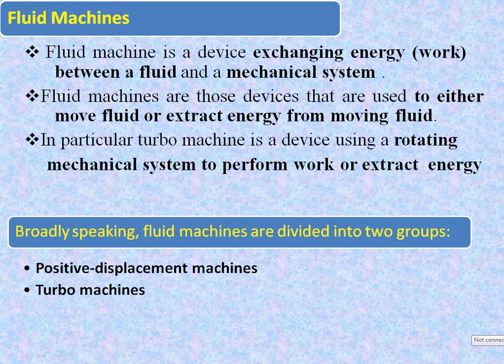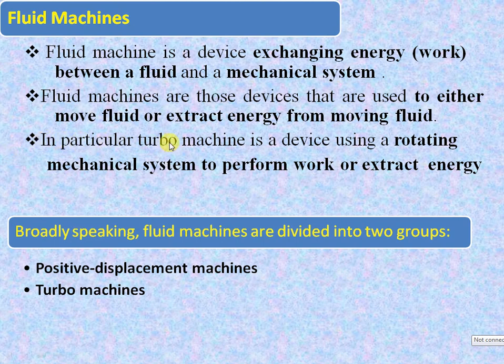So, fluid machines. A fluid machine is a device exchanging energy, that is work, between a fluid and a mechanical system. Fluid machines are those devices that are used to either move fluid or extract energy from moving fluid. Fluid machines are rotary machines.